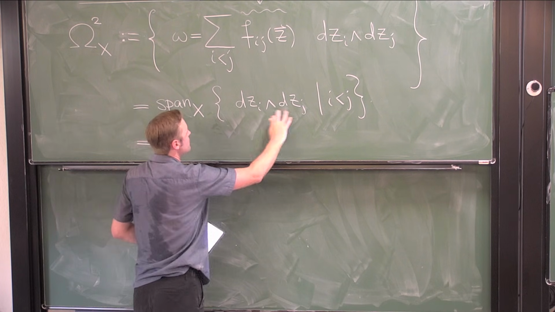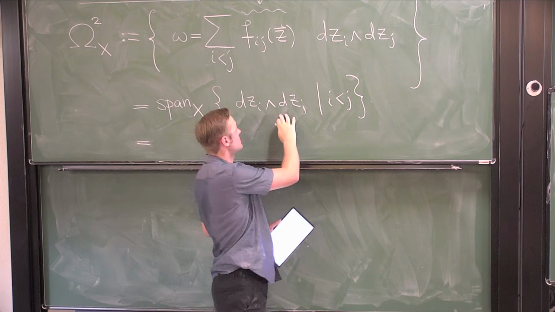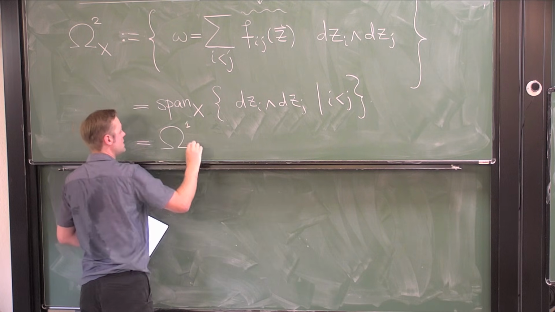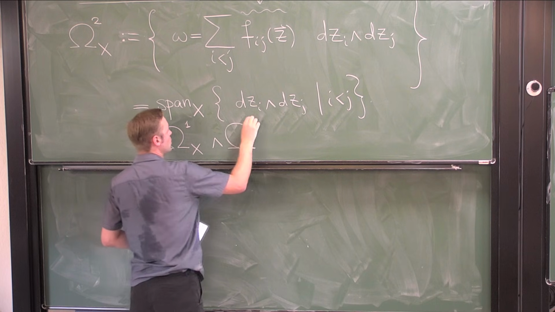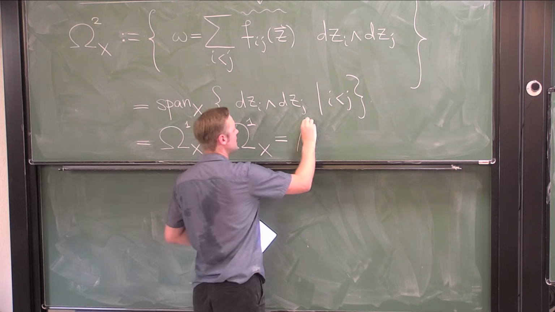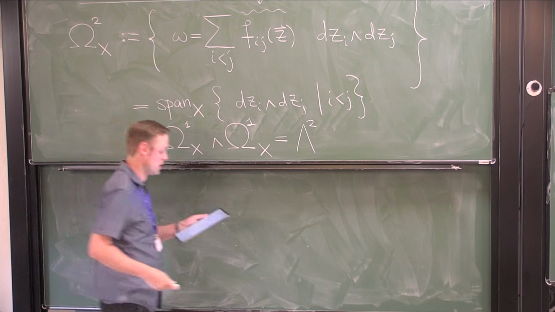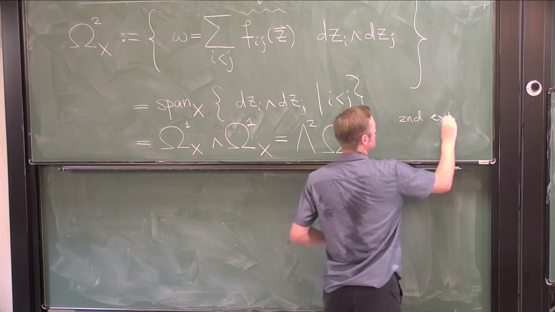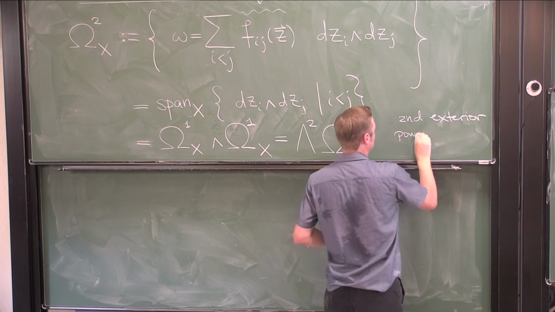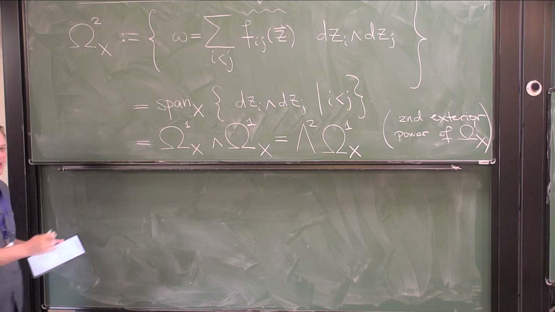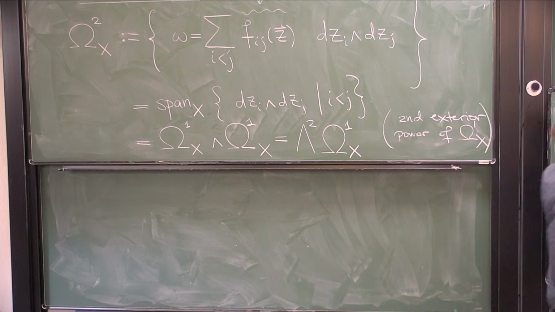Because these vectors are just formed as the second exterior power of the vector space spanned by the dzi's, this is just omega 1 X wedge omega 1 X. Or, another notation that you see in linear algebra is capital lambda, or big wedge 2, the second exterior power of omega 1 X. Now, I appreciate that omega 1 X itself is not really a vector space, because it's a span over some weird thing that is not a field.